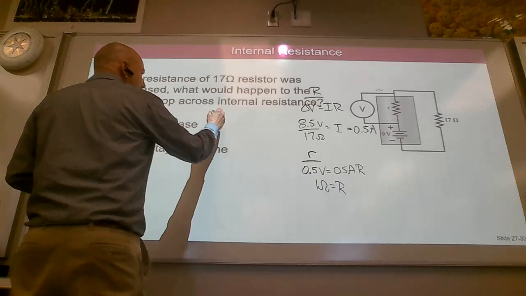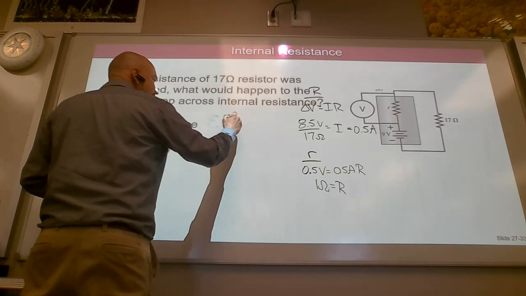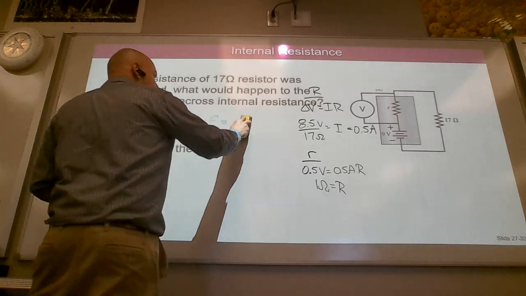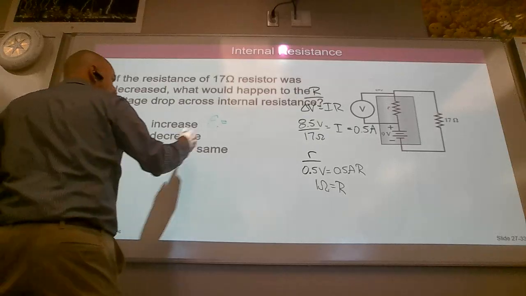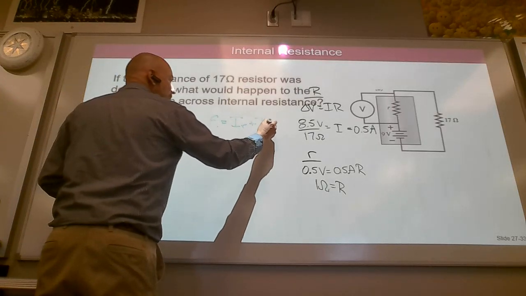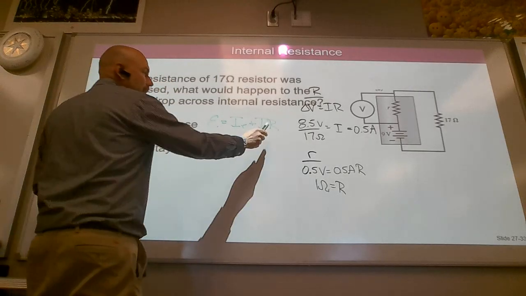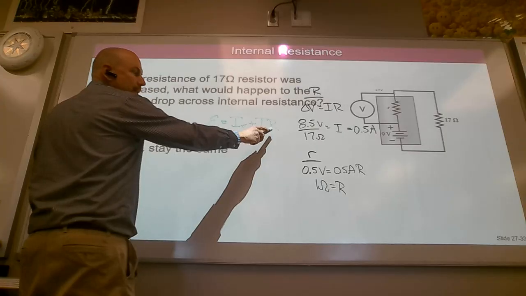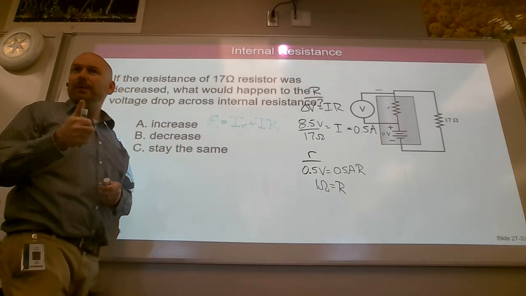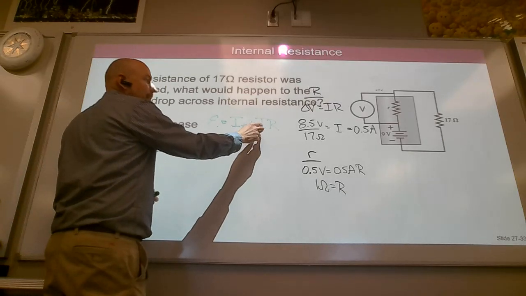Okay, so this is getting at the loop rule. If this resistance decreased, the total current would go up. Yes. Okay, the current's going up.